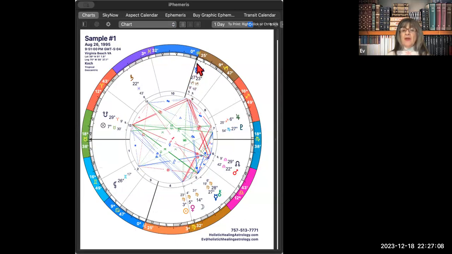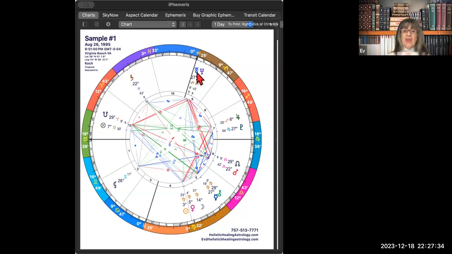Here's Pluto. Well, Pluto is right near this big fat line and near this planet for sure, Uranus. So what is that going to mean? Well, now you could begin to figure it out.